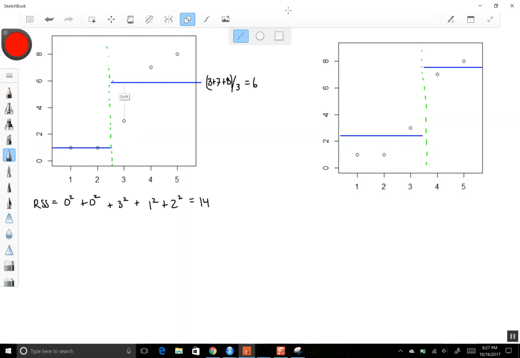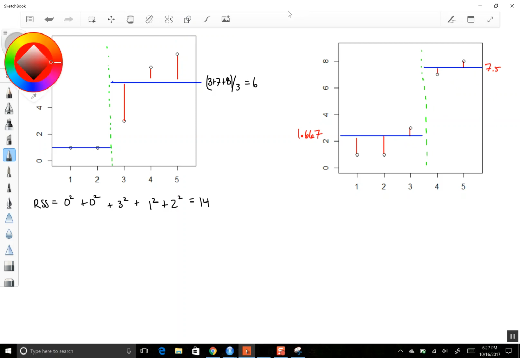So I should draw the residuals. So this is 1.667, and over here I have 7.5 as my predictors.